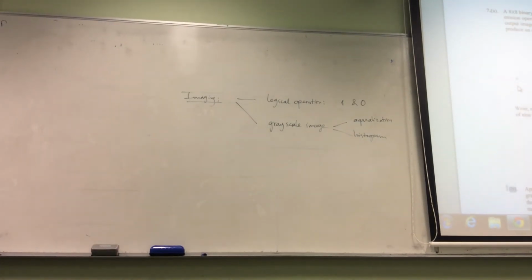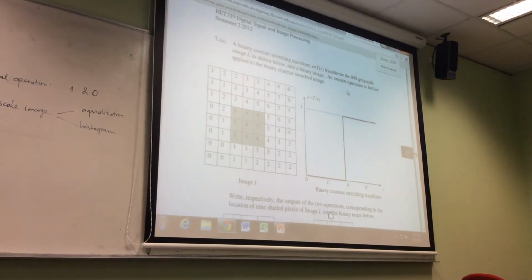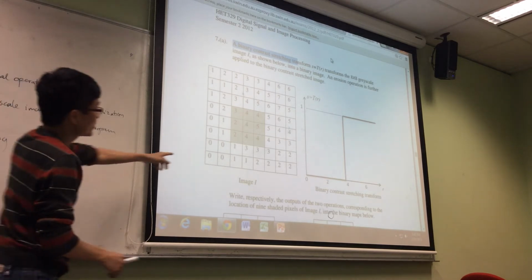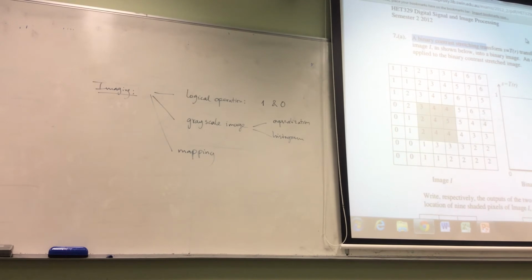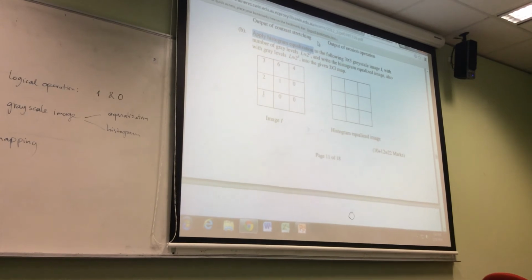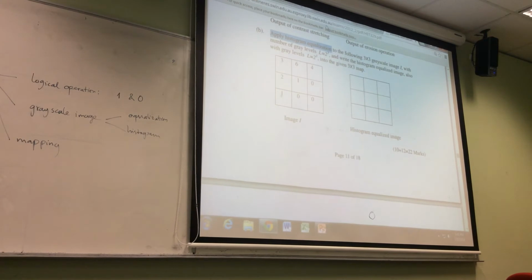If you have a look at the 2002 question 7, it's binary contrast stretching, which is not 0 and 1 anymore. Another thing is called mapping. And part B is histogram equalization. So it's the same thing as that one there: histogram and equalization. Still the same thing.